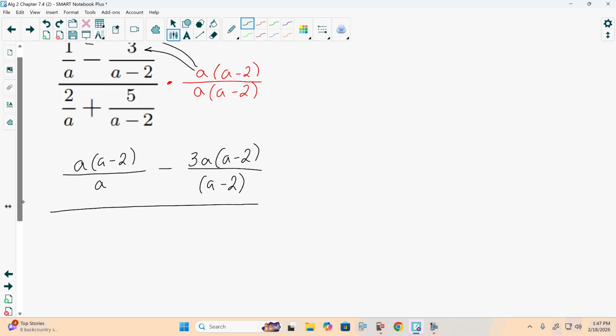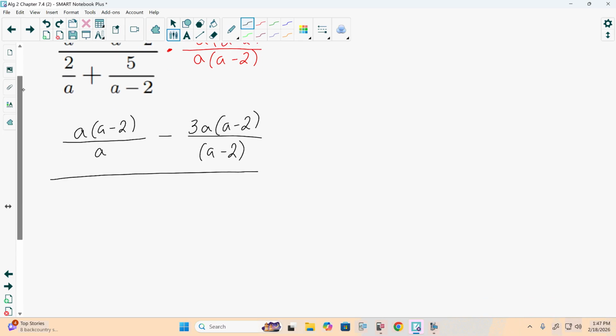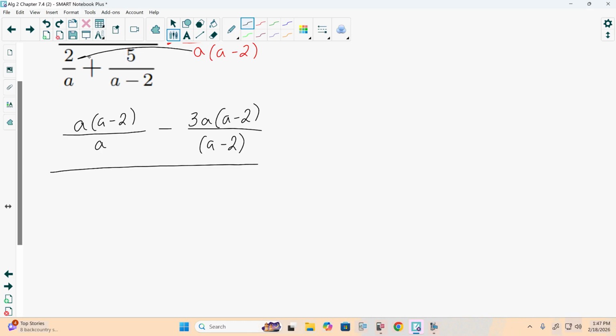Questions with how we multiplied across the numerator? Now we're going to do the same thing with the denominator. Our a times a minus 2 is going to multiply with the numerator of our first fraction, which is 2. So 2 times a minus 2 all over a plus.